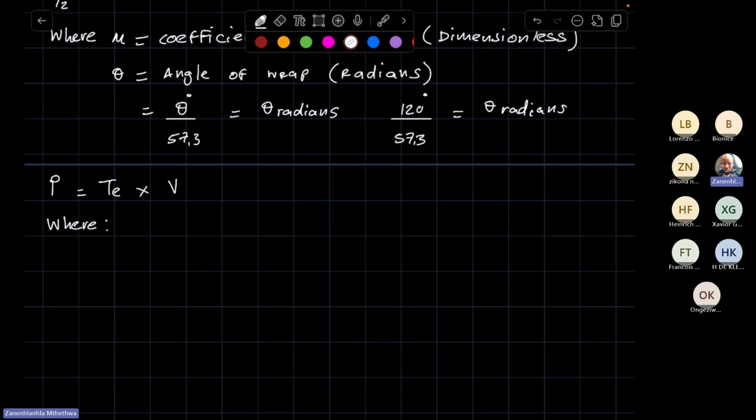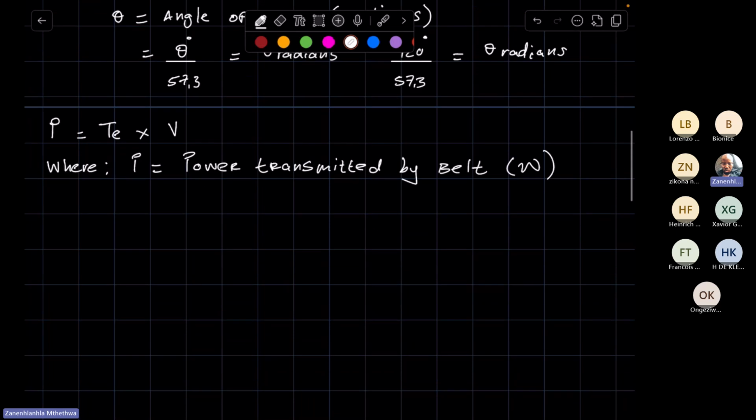where P is equal to the power transmitted by the belt. This will be in watts. TE is the effective tension. It's just like all your tensions, this is in newtons.